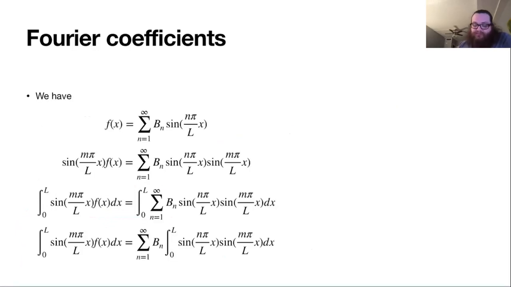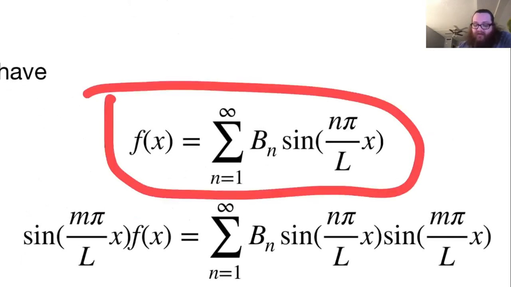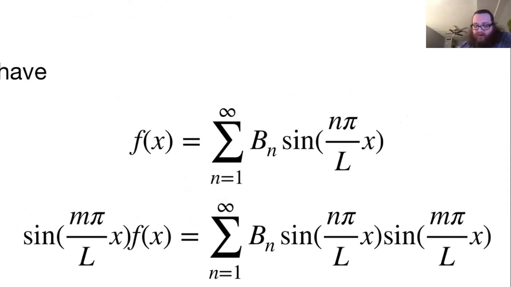Okay, so the starting point is, we're assuming that we have this decomposition. We're assuming that we can write f of x as an infinite linear combination of some coefficients times some sine functions.